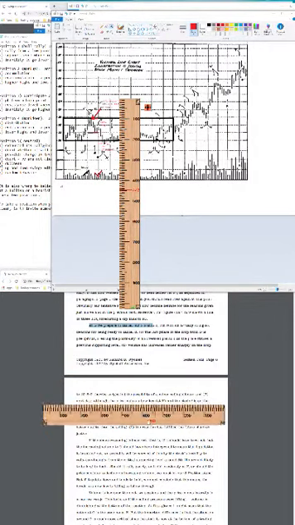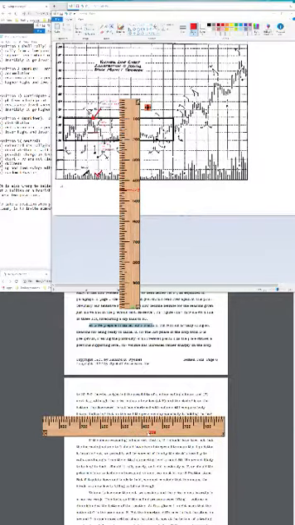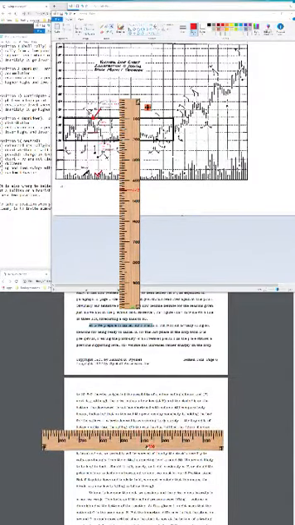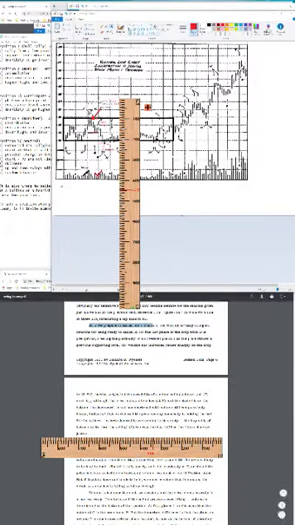There's the climax, and the next day makes a new low, and that indicates a shortening of the downward thrust. Okay, and target is reached.